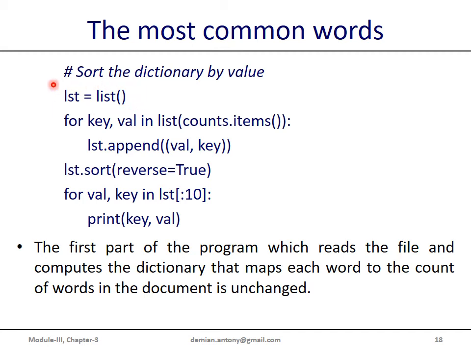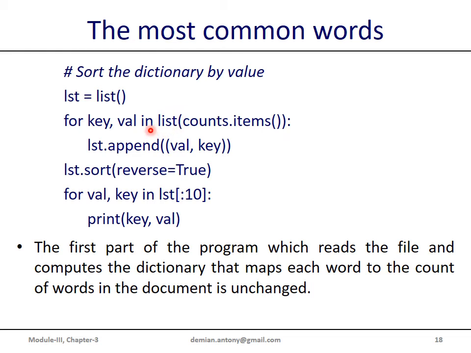We create an empty list using the built-in function list, and we combine tuple assignment, the counts method, and a for statement to create a list of tuples where each tuple is of the form value and key. So for each key and value, it is generated with the counts.items list.